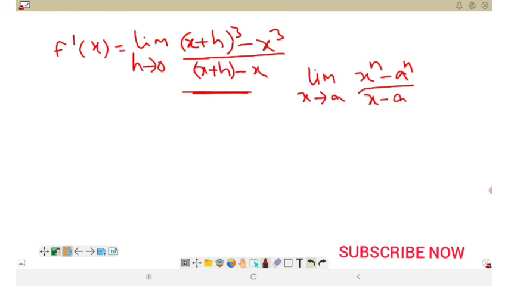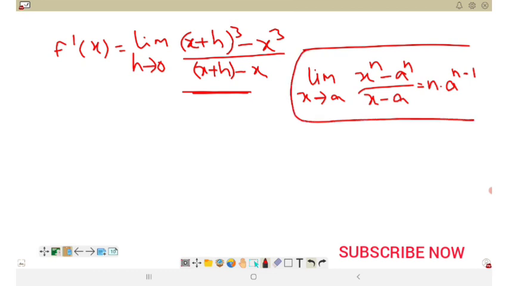Limit x tends to a, x power n minus a power n by x minus a is equal to n into a power n minus 1.